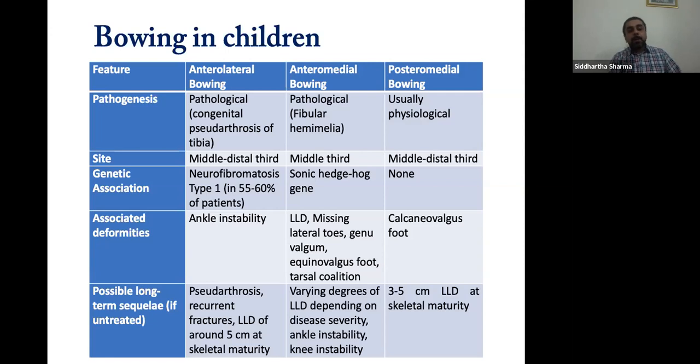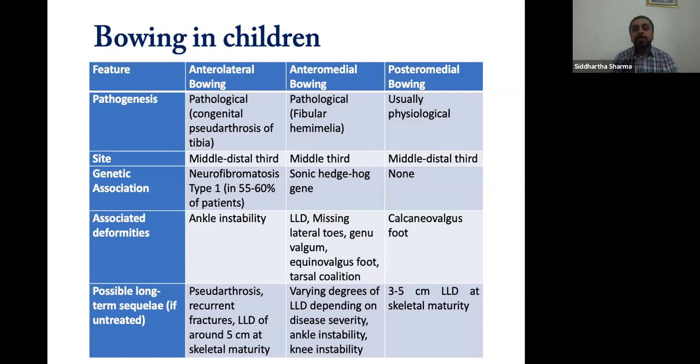Now, possible long-term sequelae, if untreated: anterolateral bowing leads to recurrent fractures and a limb length discrepancy of 5 centimeters at around skeletal maturity. Remember, this is a favorite examination question. Anteromedial bowing has variable amounts of length discrepancy, which depends upon the severity or the grading of the hemimelia.